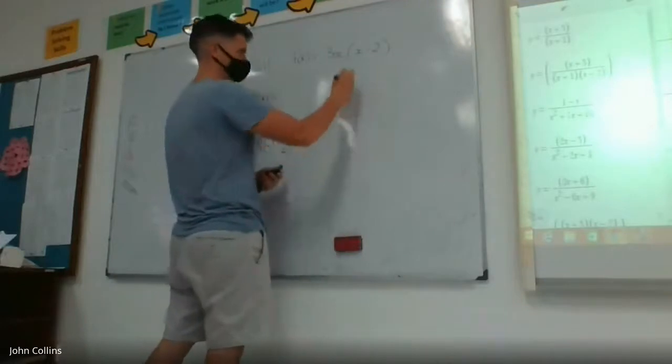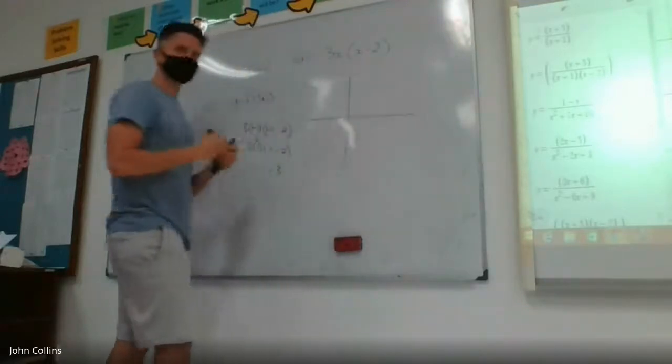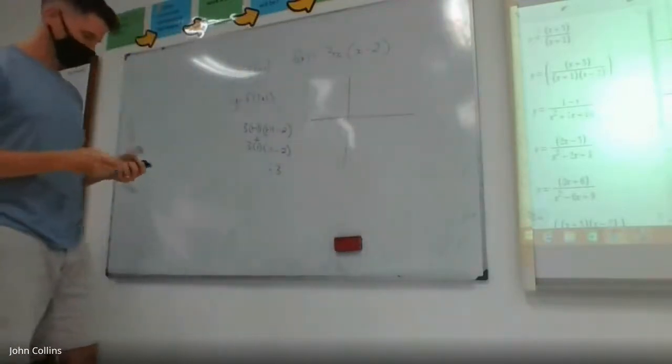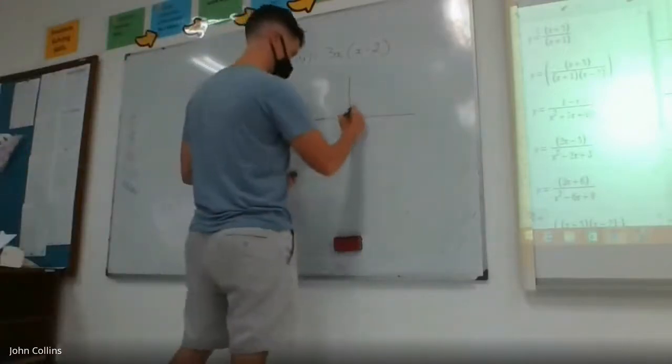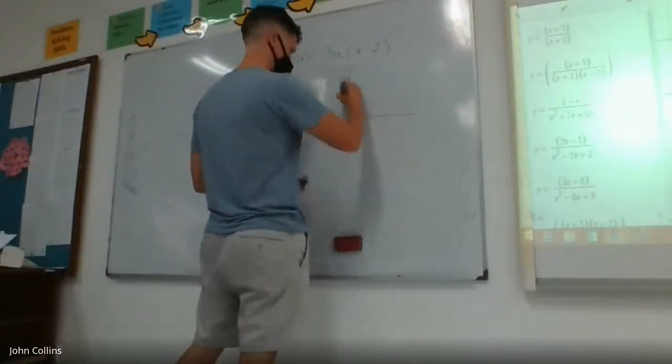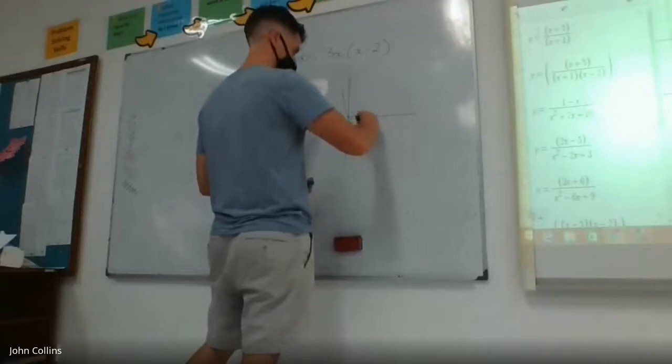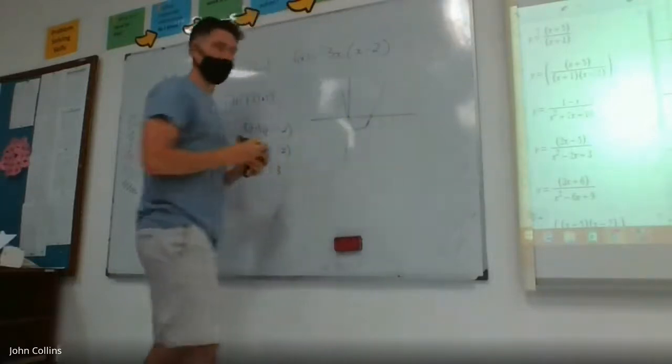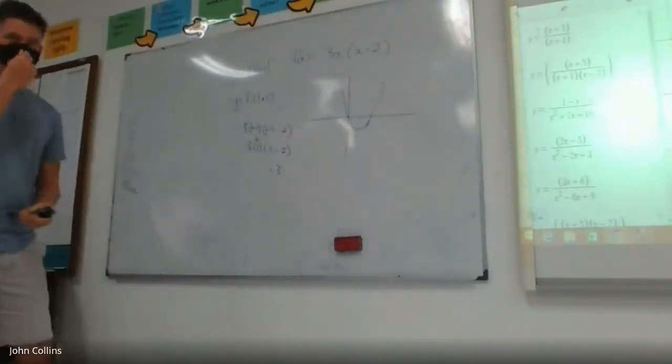Let's just draw the normal one again. Have a sketch of it. What do you think that looks like? Our normal one went through 0 and 2. We were happy with that, and it was a U shape. What would happen if the x can't be negative?